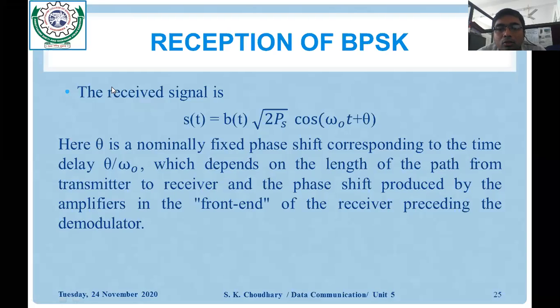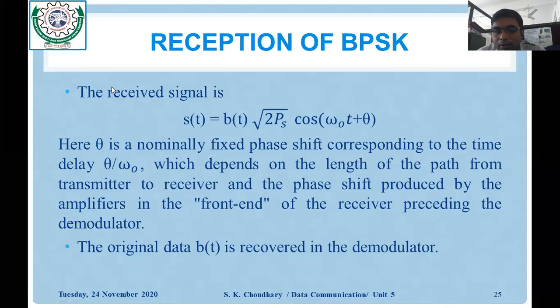Theta is a nominally fixed phase shift corresponding to the time delay theta upon omega naught. This time delay depends upon the length of the path from transmitter to receiver, and the phase shift produced by the amplifier in front of the receiver preceding the demodulator. And the original data bit is recovered in the demodulator output.